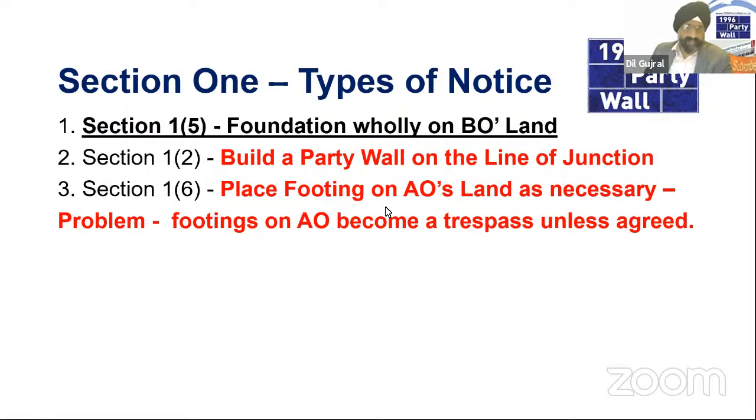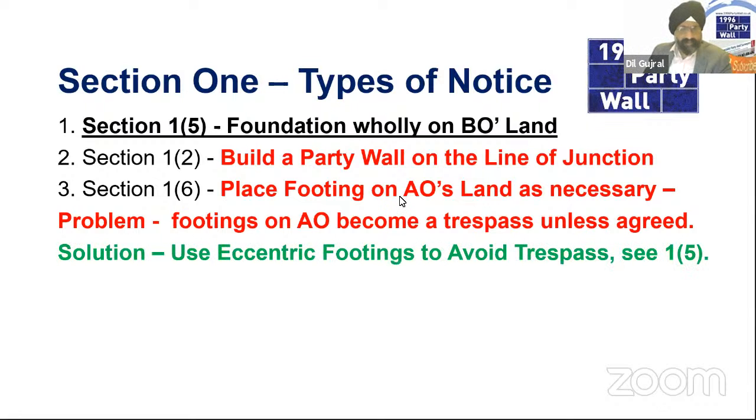And this is what section 1.6 says, something like "upon agreement in writing". So the solution is we do eccentric footings. You place your footings so the wall is built right on the edge of the foundation, so none of that stuff crosses over.